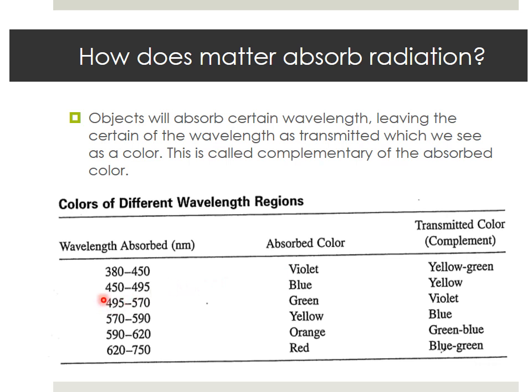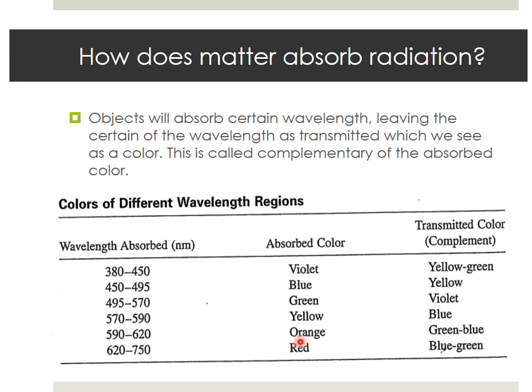Likewise, if we have a substance for which the absorbed wavelength is 450 to 495, then it will absorb blue light and it will transmit yellow light, so it will appear yellow to the human eye. Likewise, if the absorbed color is yellow, then the transmitted or complementary color is blue.